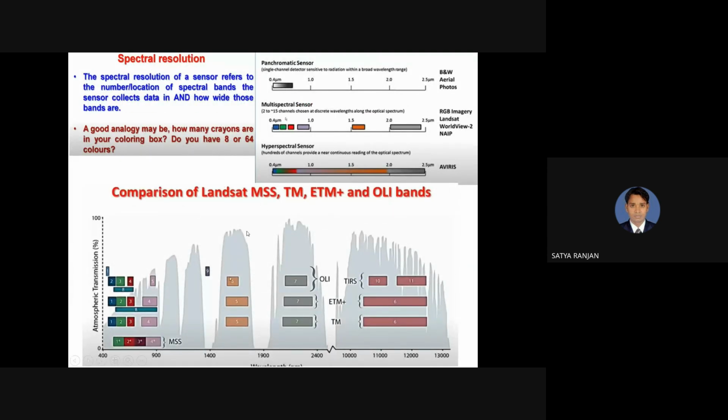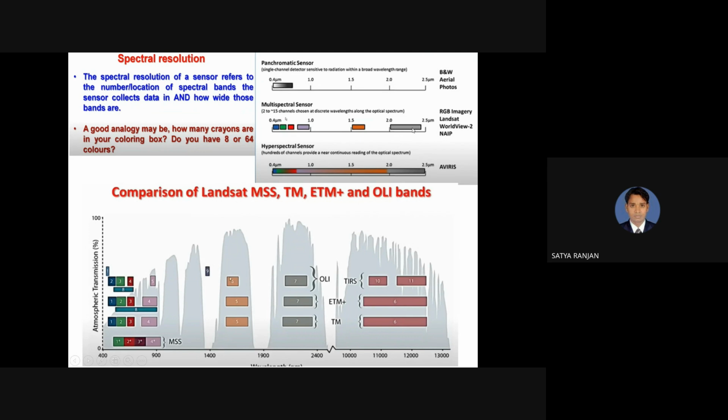So these are some spectral band arrangements in black and white images and multispectral images. Sometimes satellite images use different spectral bands of different bandwidths. This is one of the WorldView data.